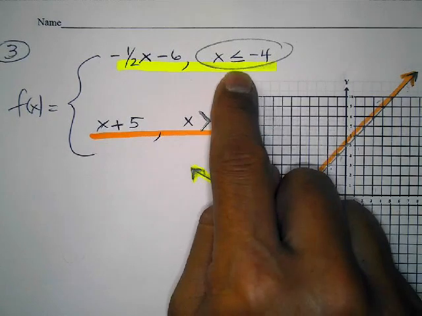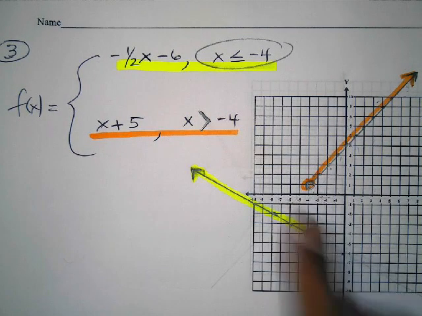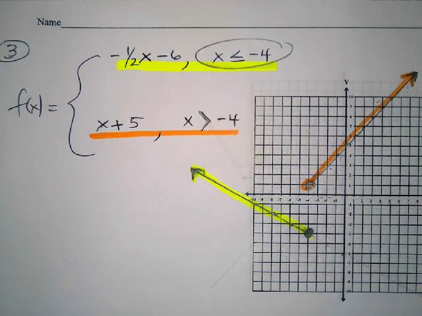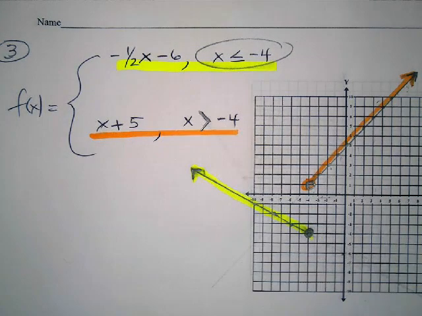So if you're using Desmos to help you with graphing this, you've got to know how to read the domain and then know which part of it to erase. Okay, let's do the next one. Where are my examples? Right here.